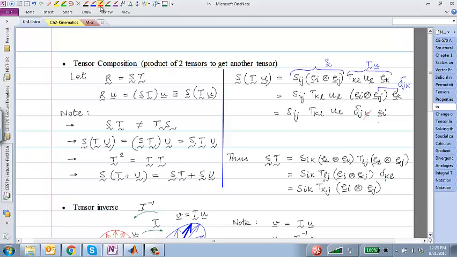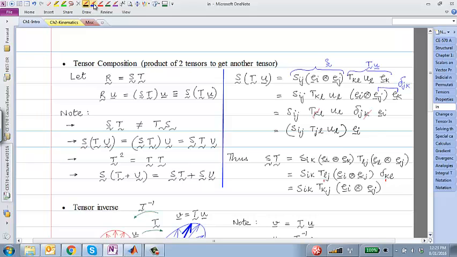I'm contracting out K, so I'll contract this one out here and call it I. And that means what I have is S_ij T_JL U_L in the direction E_I.